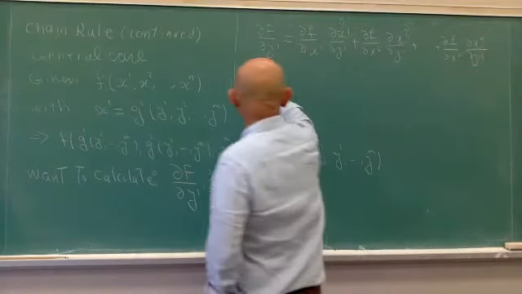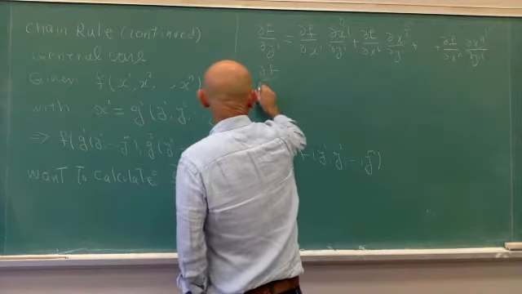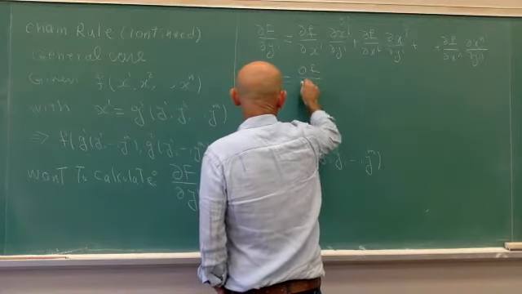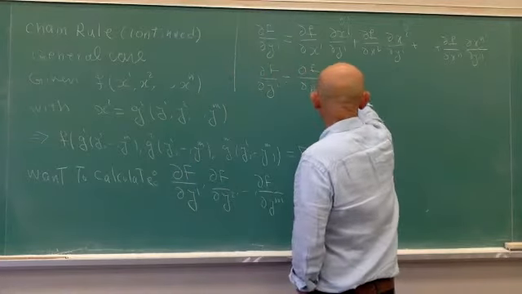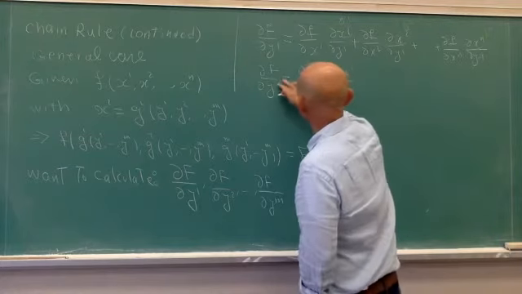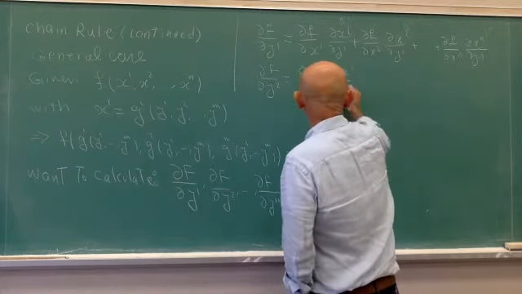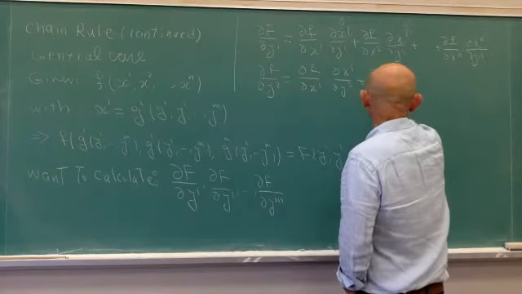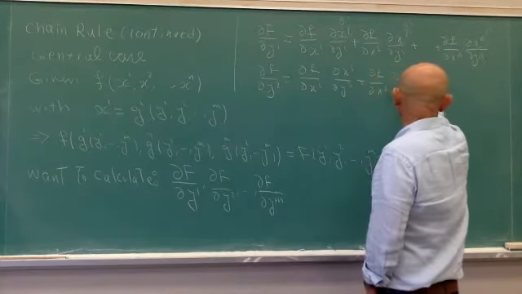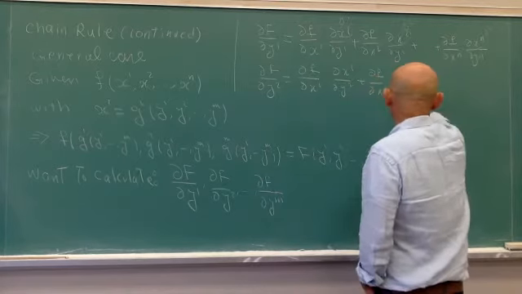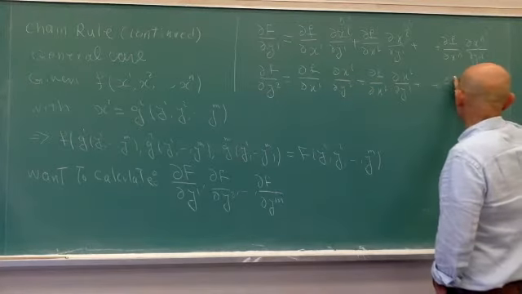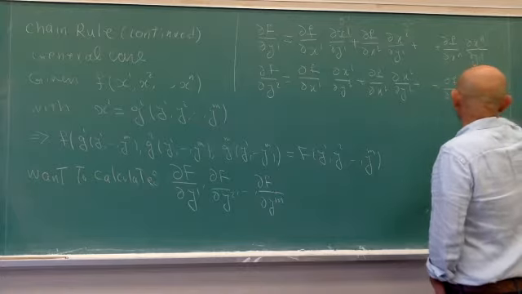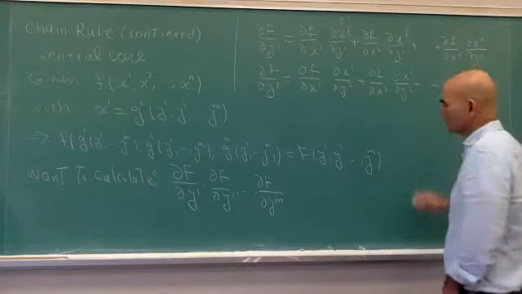And then df dy2. We just write the same, df dx1, dx1 dy2, of course, plus df dx2, dx2 dy2, plus df dxn, dxn dy2.